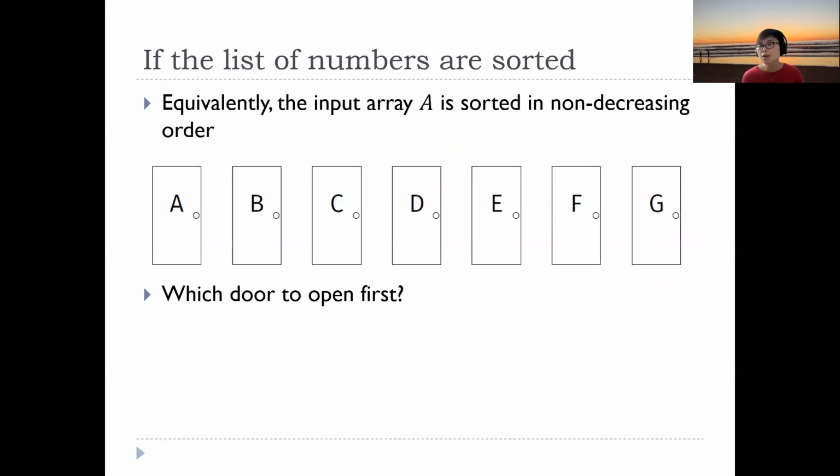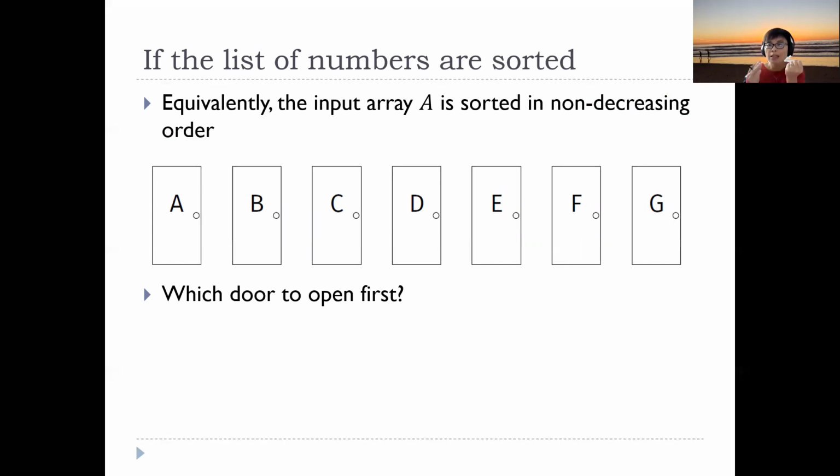In fact, we just described the strategy already, but let's think in general: if you have n doors here, which door should I open first? Well, we already saw that if I open a door and look at the number there, I know either I found the target I'm looking for already, or if it's bigger than the target, then I go to the left. If it's smaller than the target, I go to the right.